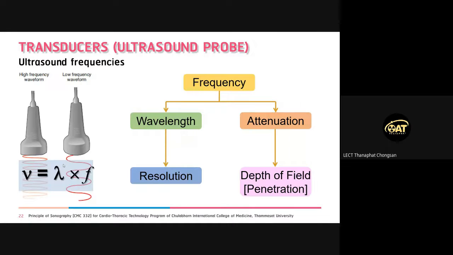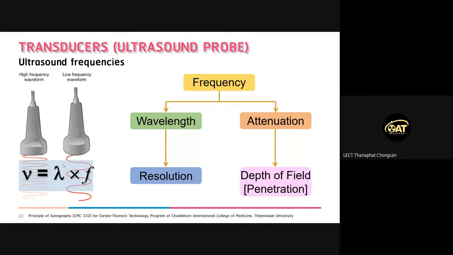In ultrasound, V, or velocity in human tissue, is 1,540 meters per second. So from the formula, we have two factors that can change: wavelength and frequency.